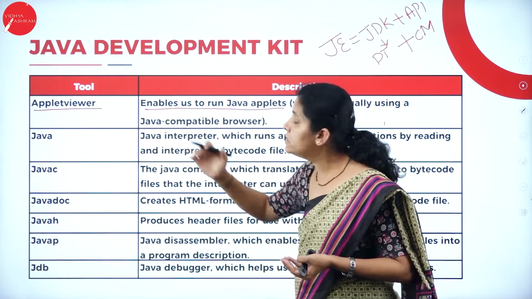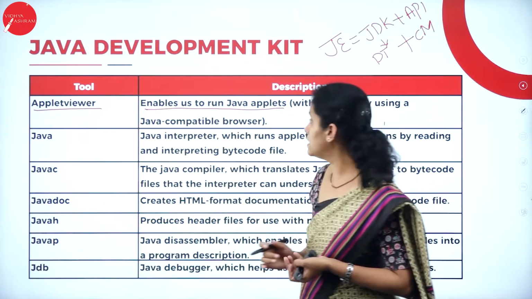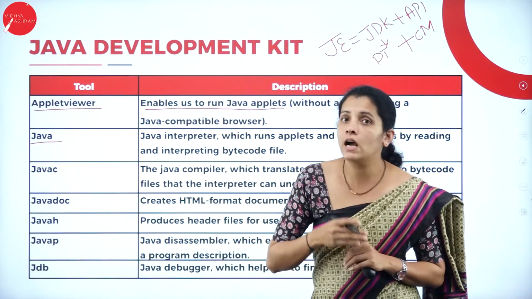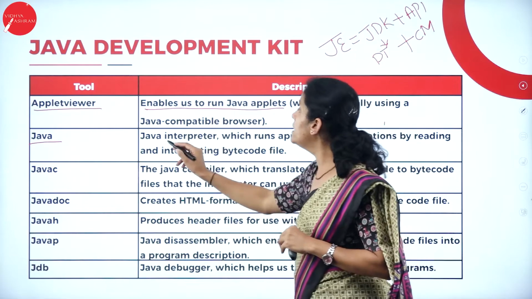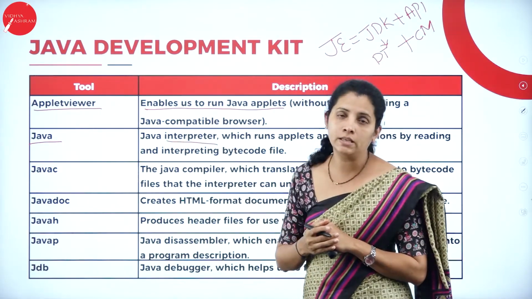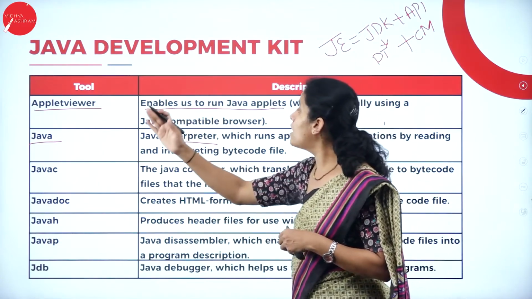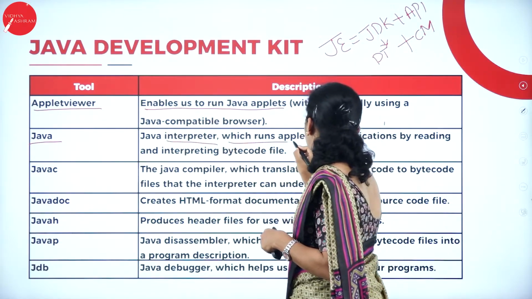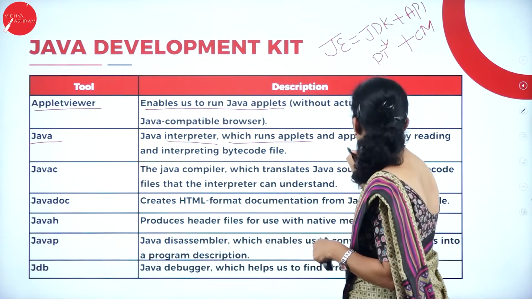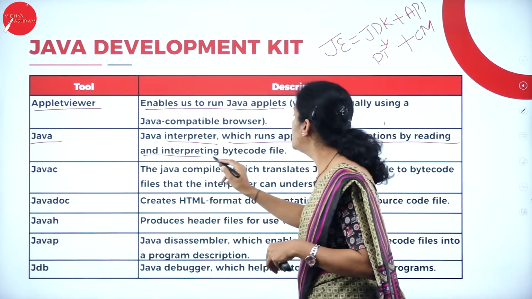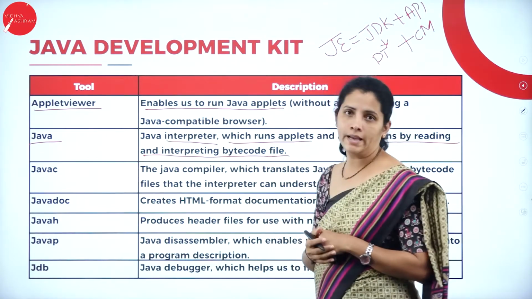Then what is another tool I'm going to have? That is java. So what is java here? Here java is nothing but the interpreter. So what is an interpreter? Line by line execution. So here the Java interpreter runs applets and applications by reading and interpreting the bytecode file.